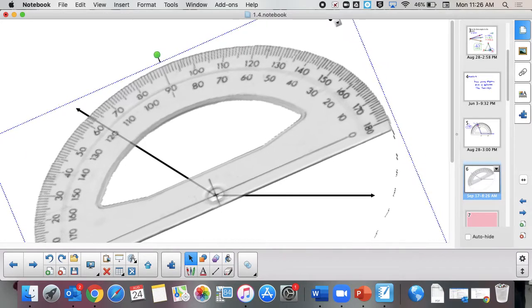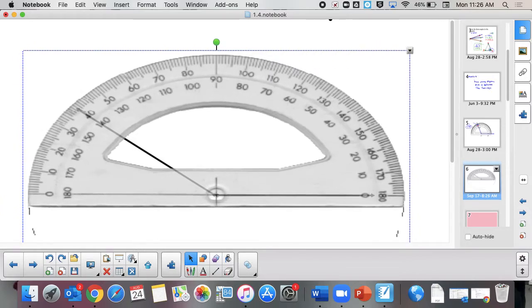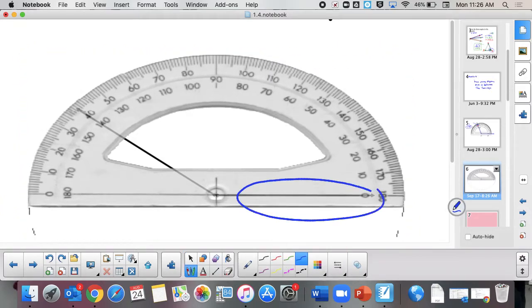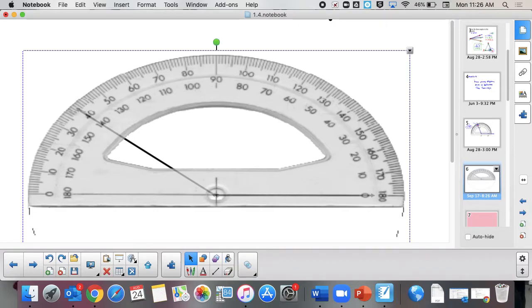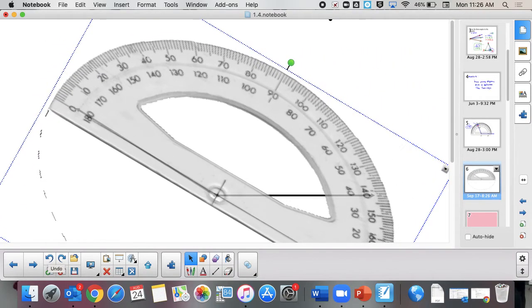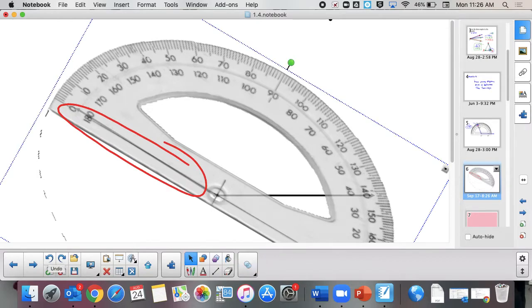So whether you want to rotate it this way, so that these lines here overlap, or if you want to take it this way, so that these lines here overlap, it is completely up to you. The other side will tell you how big the angle is.